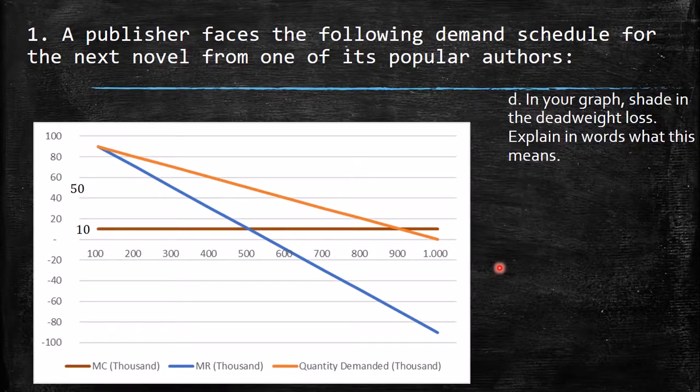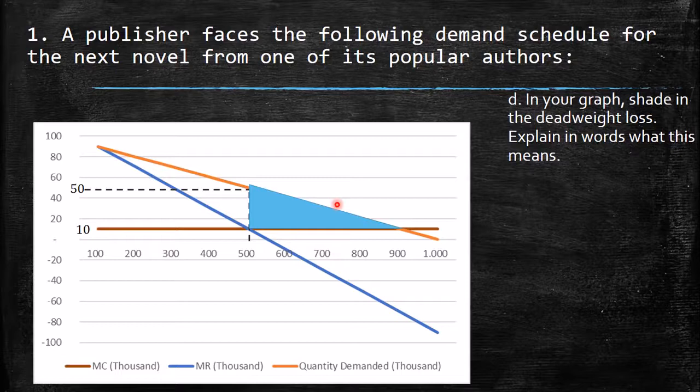Remember, the socially efficient quantity is where the company does not make any economic profit. So this one is going to be lower than the monopolist's. For this reason, we can represent the deadweight loss as this blue triangle: all these transactions of people who could buy at a price lower than 50 and higher than 10 will not buy anymore due to the higher price.